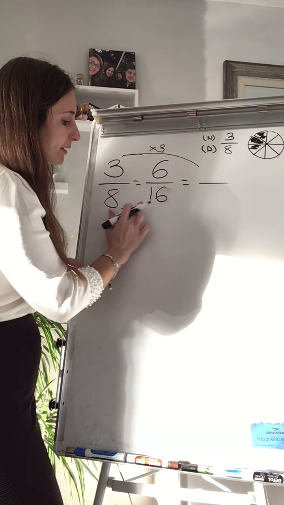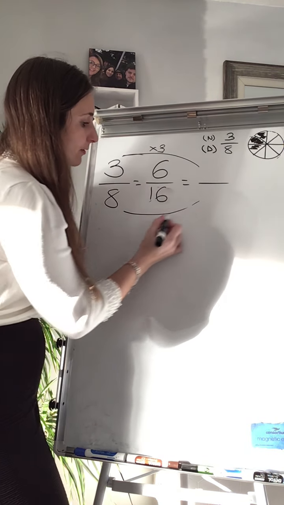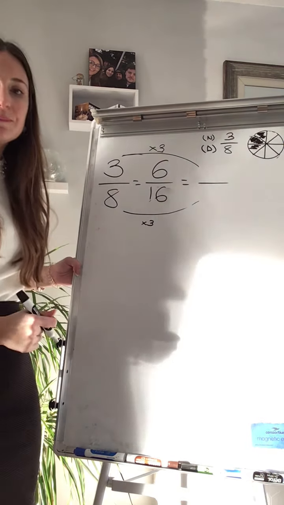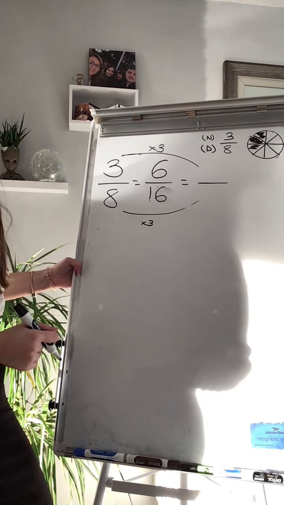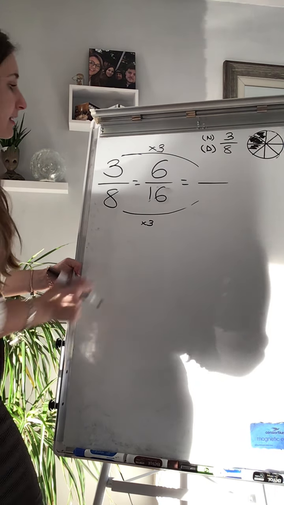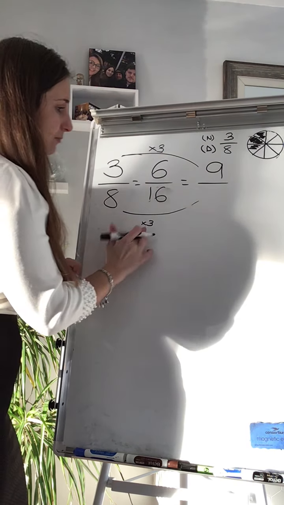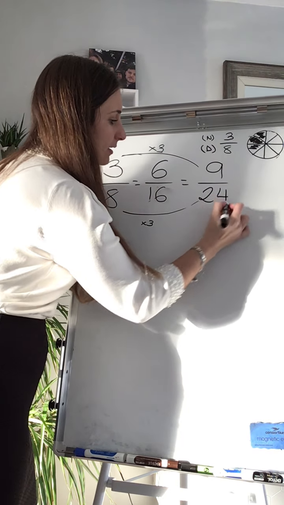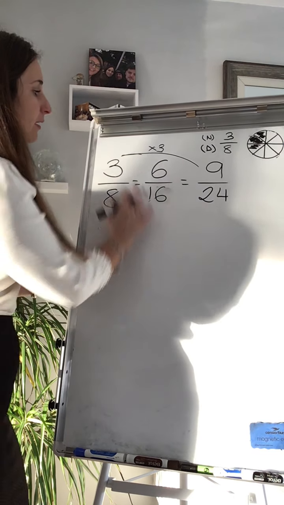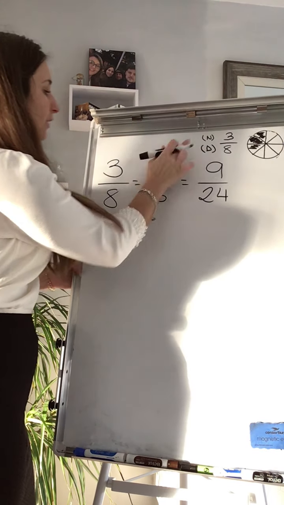Another equivalent fraction, quick. Go for it. Absolutely right. 3 times 3 will be 9. 8 times 3 will be 24.